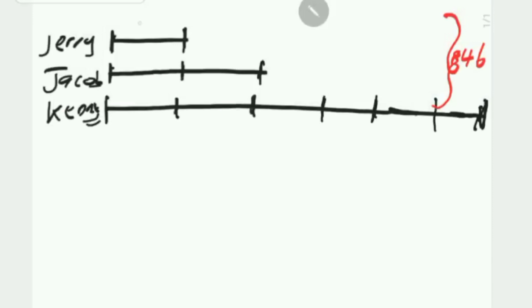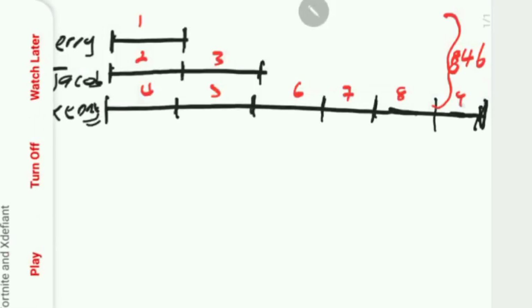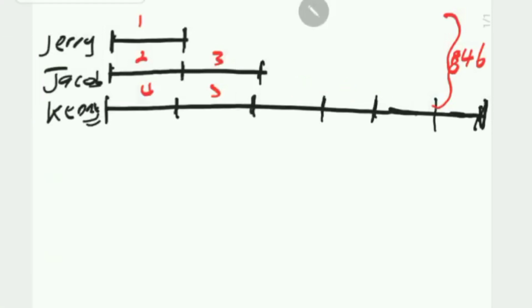So looking at this, we can see that we have a total of 9 units. That's 1, 2, 3, up to 9. So from here we can conclude that 9 units is equivalent to 846.